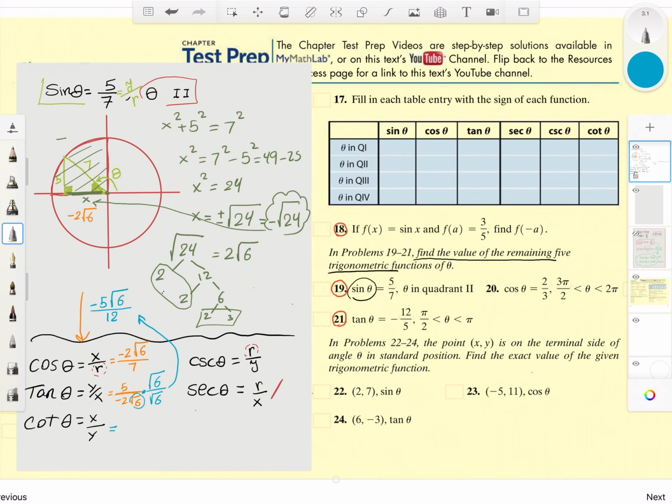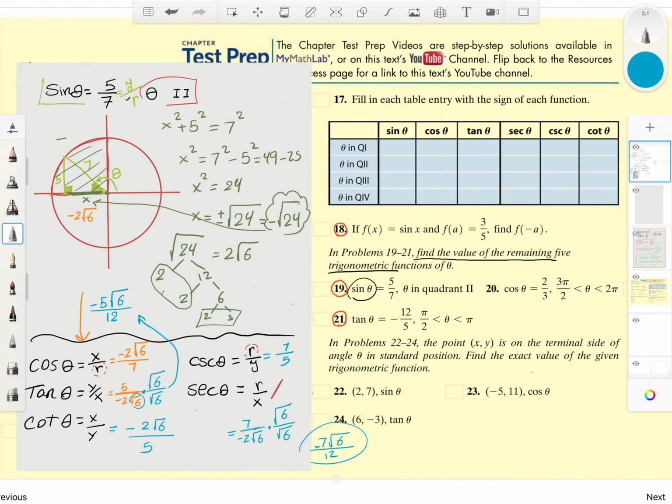X over y is negative 2 root 6 over 5. R over y is 7 over 5. R over x is 7 over negative 2 root 6. You see a radical in the denominator, so you multiply by the radical part, and you should get 7 root 6 over negative 12.